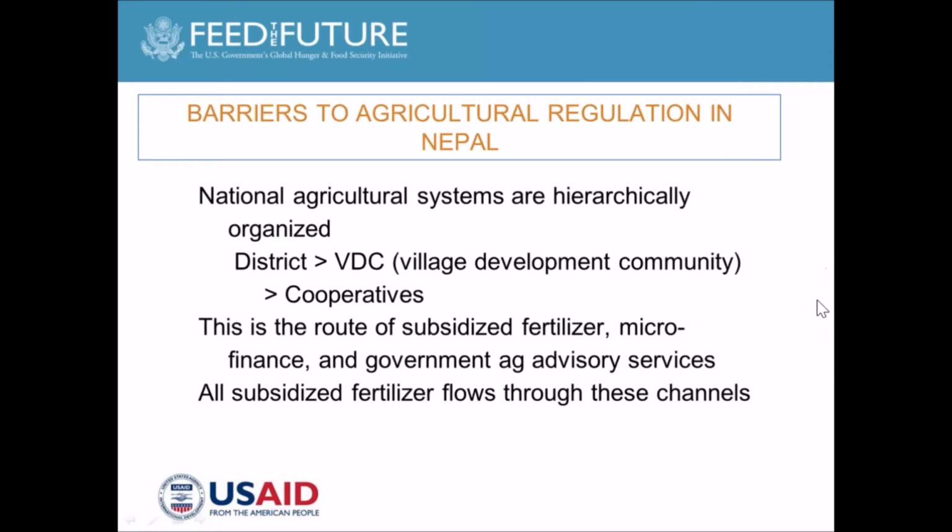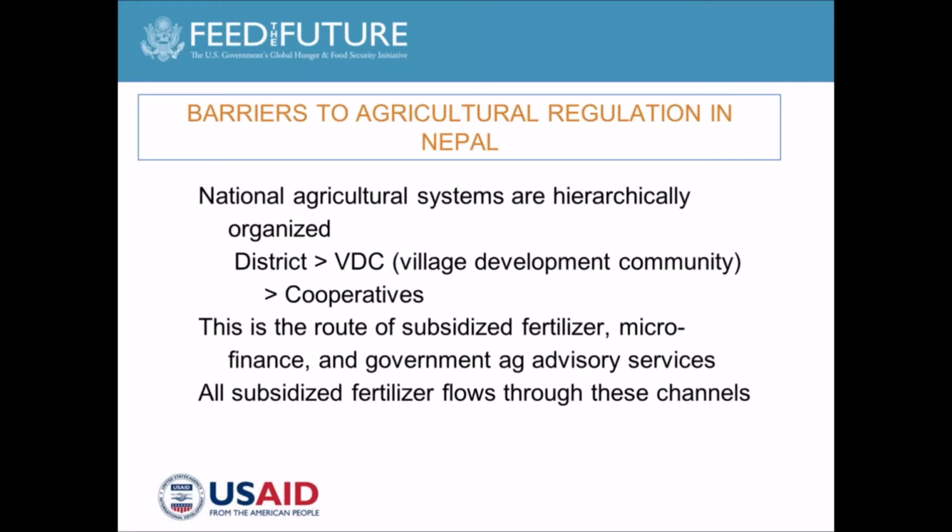The cooperatives themselves are a grouping of maybe 100 to several thousand farmers who are coming together and collectively engaging with the government system. And this includes fertilizers. I would say the majority of fertilizers coming into Nepal are coming in through the National Subsidy Program.